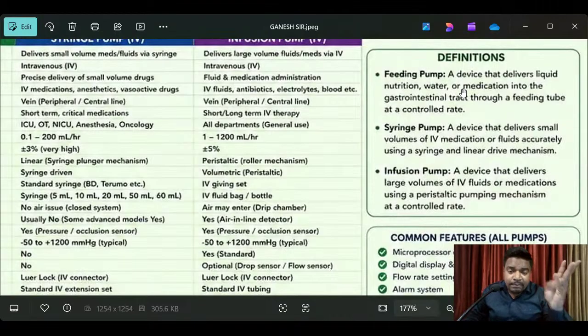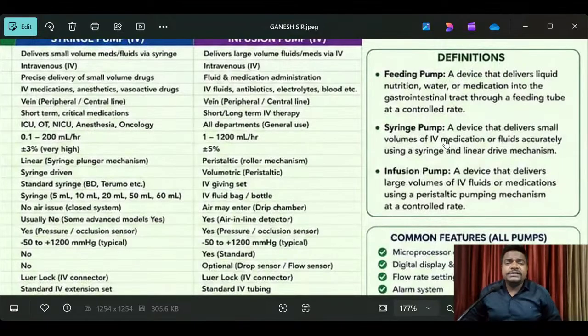Feeding pump, infusion pump, syringe pump: you should be clear, because so many freshers have this type of doubt. If I give live sessions in this way, definitely there will be clarity. Clarity is important, don't be confused. Don't carry anything with you for a long time. Just learn it, implement it, and improve your career day to day, right? Come on.